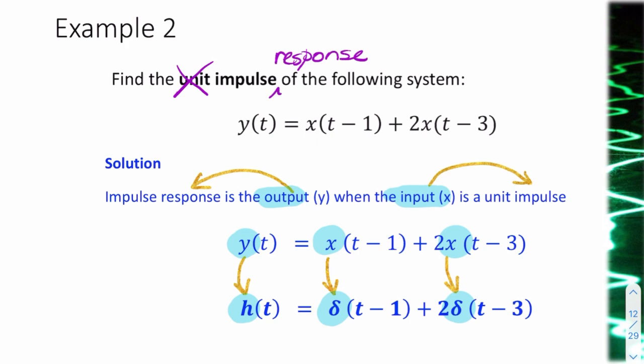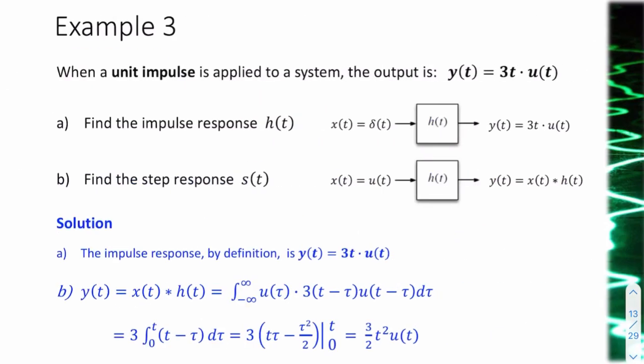One more example. Now we're going to look at this example in two ways. We'll look at it once now, and we'll look at it in a few minutes' time. So the question says, a unit impulse is applied to the system, and the output is that. So at the input to a system, we have a unit impulse, delta, and that's the output.